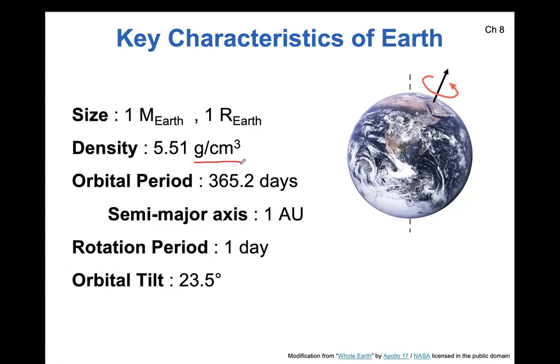All right. So that's basically where the gram was defined from, that concept of how much mass water had. There are more modern ways of defining it, but approximately that, for pure water, density is 1 gram per cubic centimeter. So in other words, Earth is approximately 5.5 times denser than water.